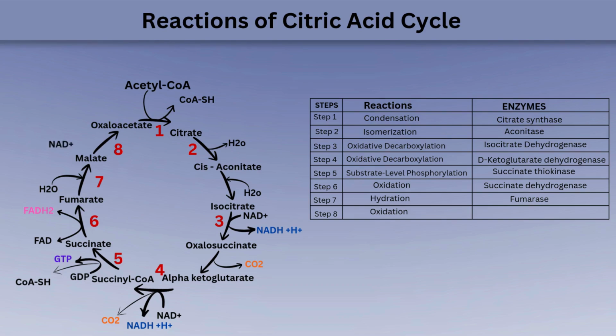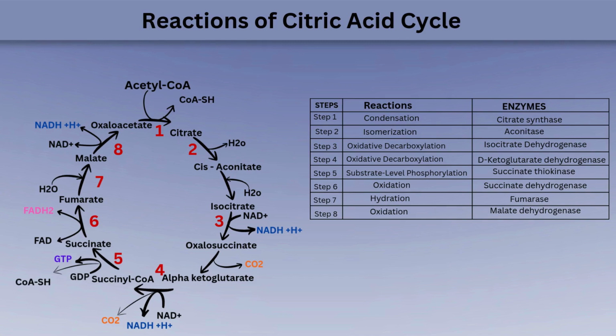Here, NAD plus accepts electrons and becomes NADH, and the enzyme responsible for this reaction is malate dehydrogenase. Now, oxaloacetate is regenerated. This regenerated oxaloacetate again combines with acetyl-CoA and starts another round of the TCA cycle. And this is the reason why the pathway is called a cycle.